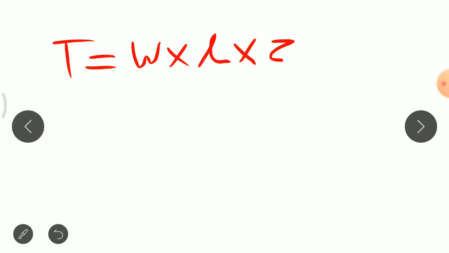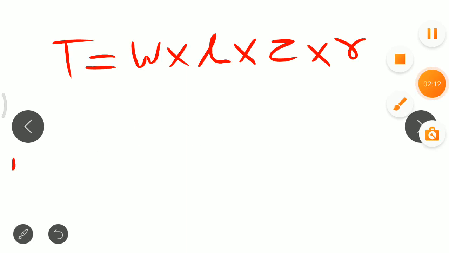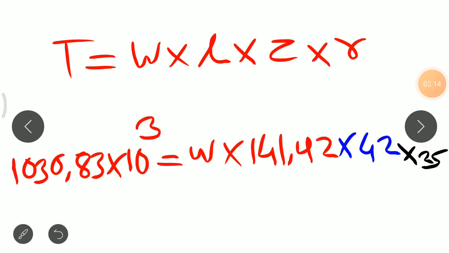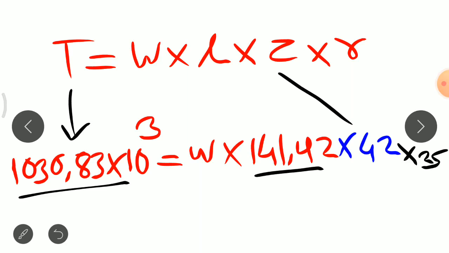And at the last we will use the previous equation, the direct shear equation, which is T is equal to w into L into tau into r. Put the value of T, 1030.83 into 10 to the power 3, that is the value of torque, w as it is, length is equal to 141.42, tau is equal to 42, and r is equal to 25. Now find the value of w.